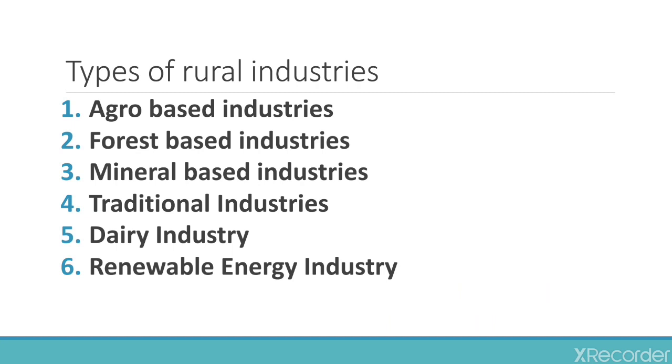Amul is the best example of the dairy industry. Renewable energy industry. Rural areas can be converted into an energy hub by producing renewable energy by setting up solar cells, biogas plants, gobar gas plants, and other commercial use of alternative energy.